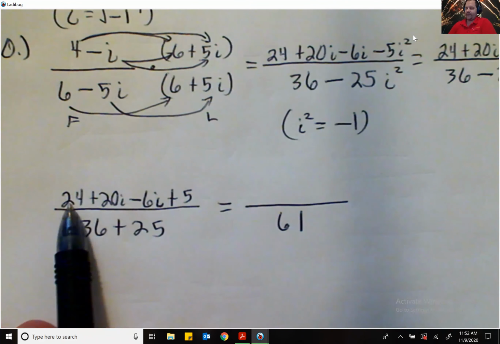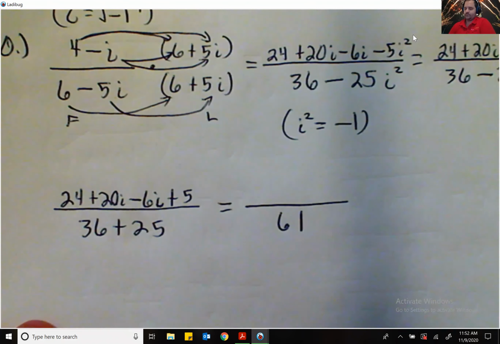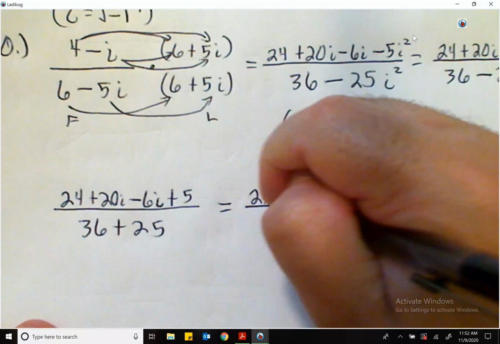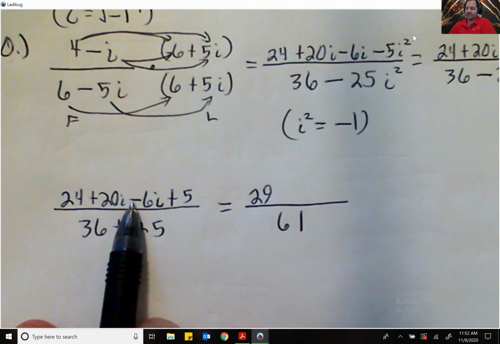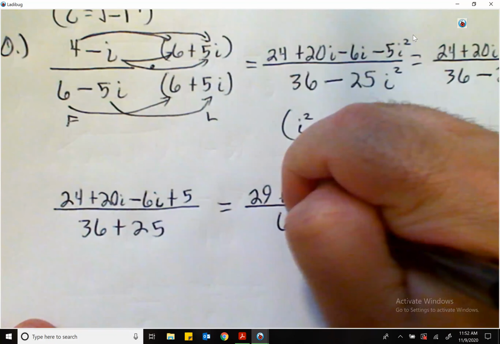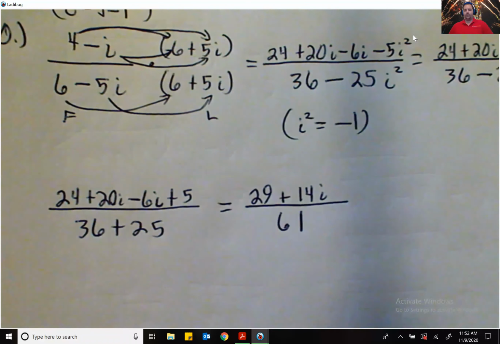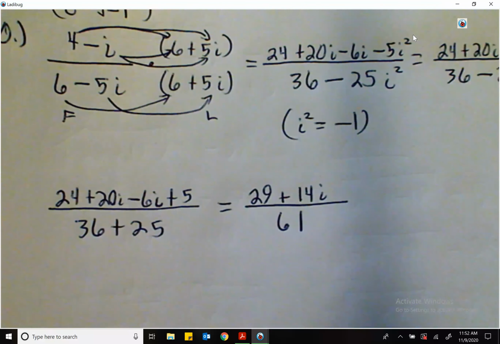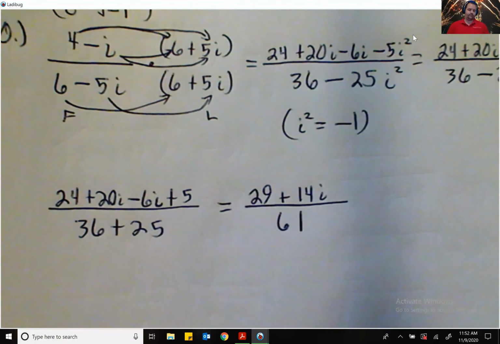Let's do a little bit more cleaning up. The 24 and the 5 can get together and become what? 29. And then the two i's can get together. So what's 20i minus 6i? 14i. Okay. So the question is, is there a number that divides 29, 14, and 61?